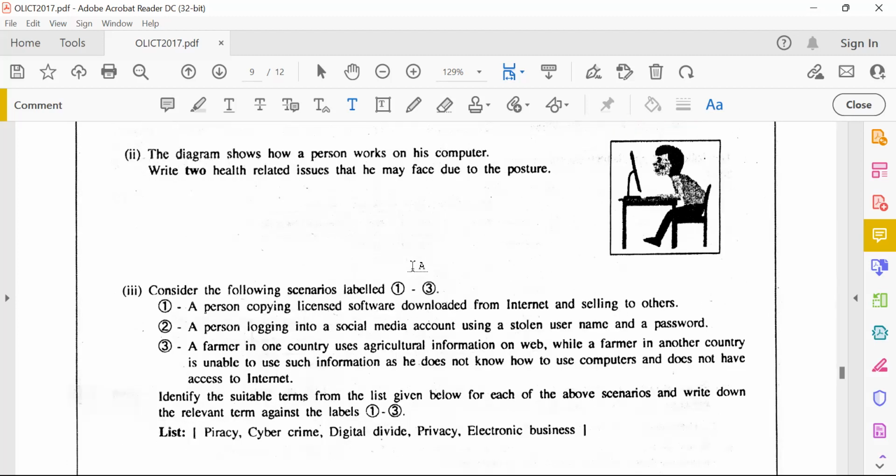Let's move to part 2. This diagram shows how a person works on his computer, related to health issues.